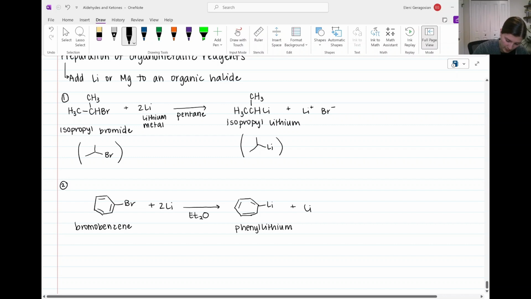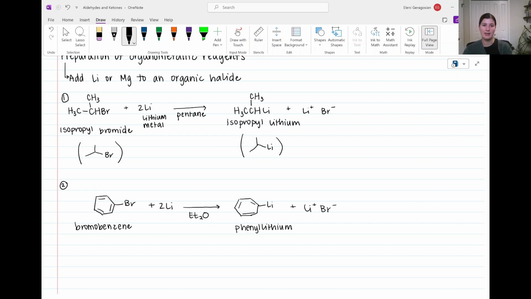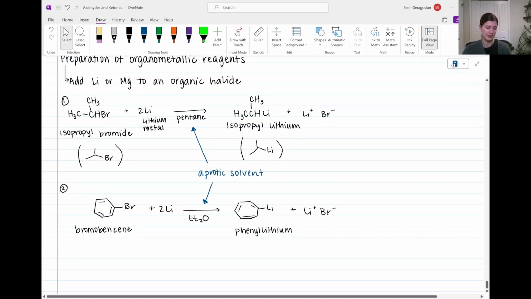And again, lithium bromide. So in both of these examples, we are taking an organic halide, an organic chain bonded to a halogen, adding lithium metal in an aprotic solvent, and we form the organolithium reagent.